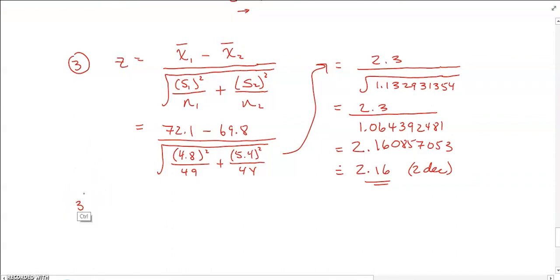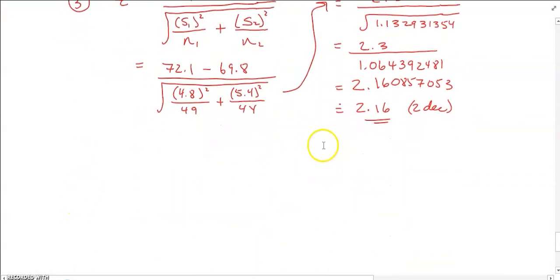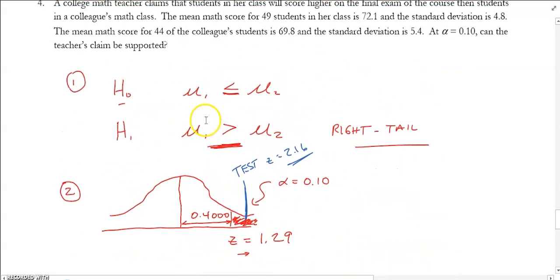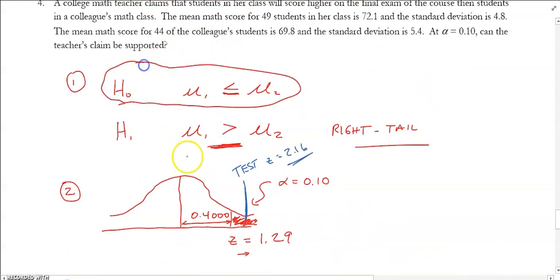We're going to reject our null hypothesis. And we're going to say that this is what we believe to be true, that the mean of her class is in fact greater than the mean of her colleague's class.